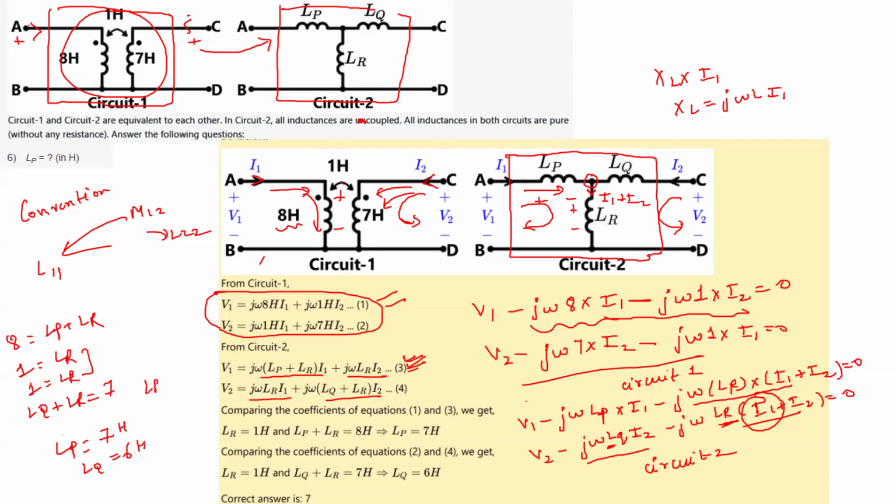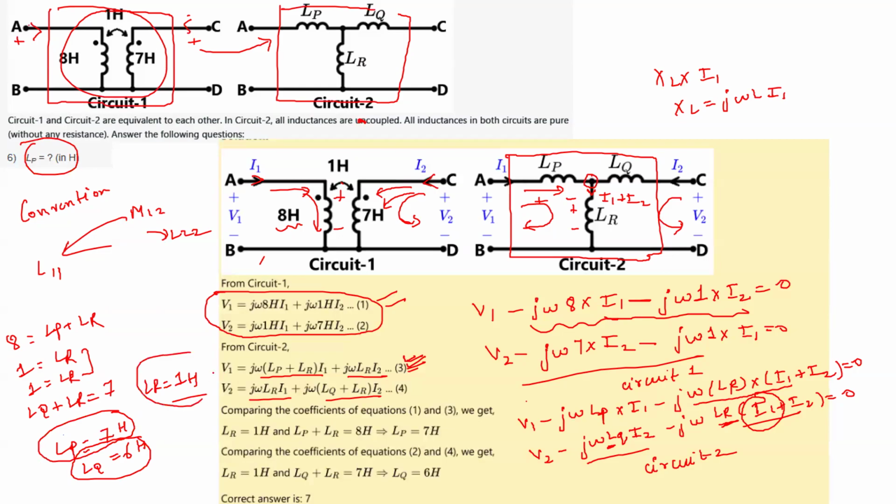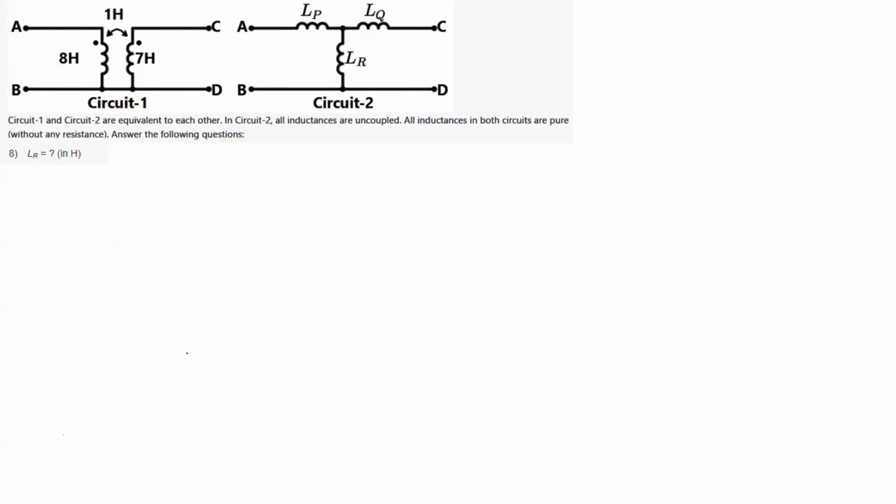Is this question clear? You see we have solved for three things. The LP they have asked is 7 Henry. Then LQ we have found out is 6 Henry and LR is 1 Henry. So three questions are simultaneously solved.